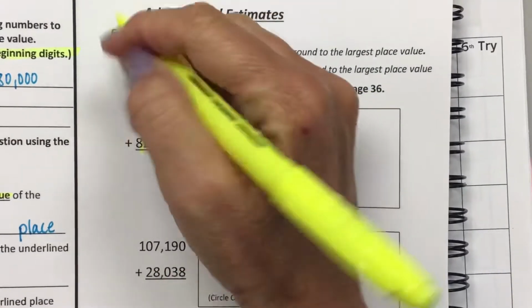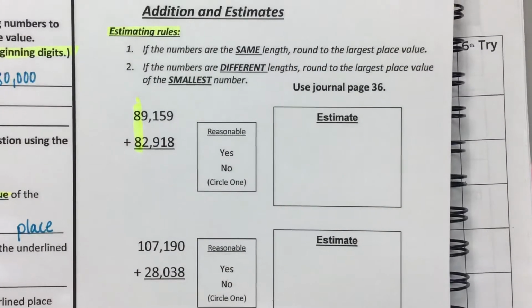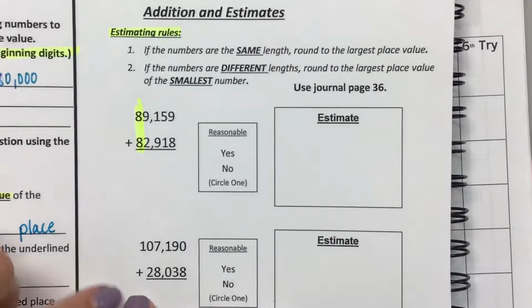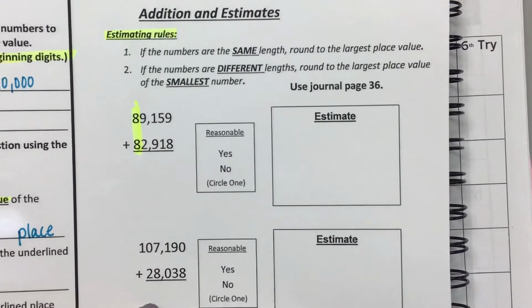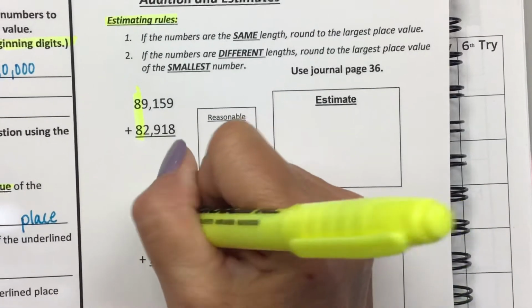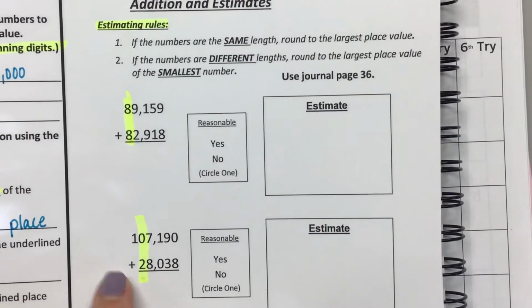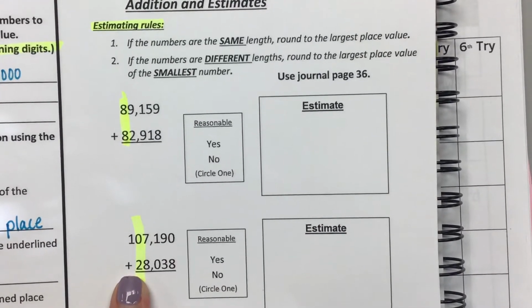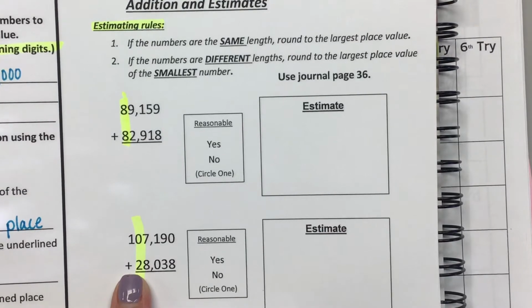Highlight that column. We know that's where we need to round to. Thank you, sir. What about this one? Which column am I rounding to? The second one. Ella? 10,000. The 10,000s again. I can't round them both to the 100,000s place because this one doesn't have a 100,000s digit. They have to be rounded to the same place value column.